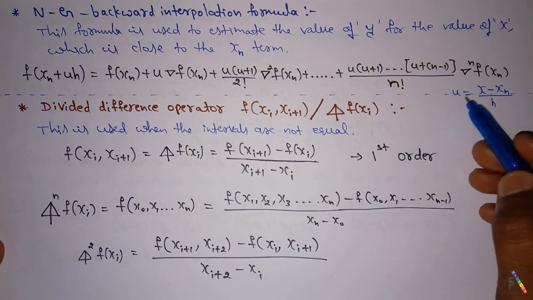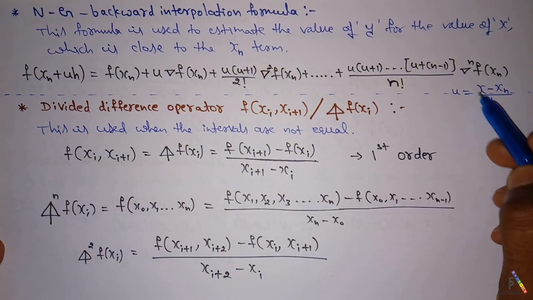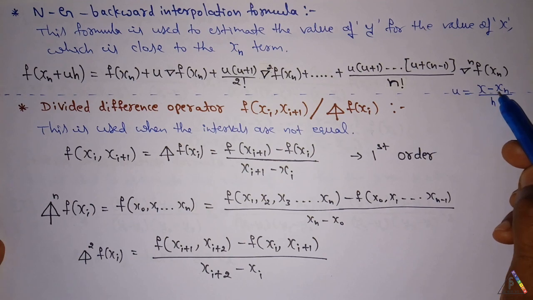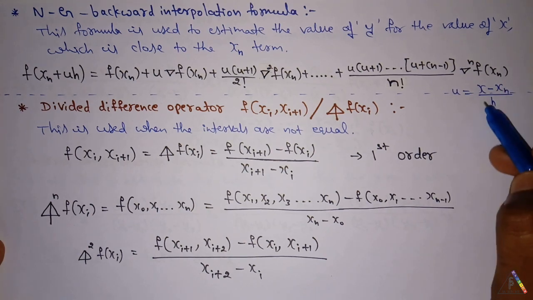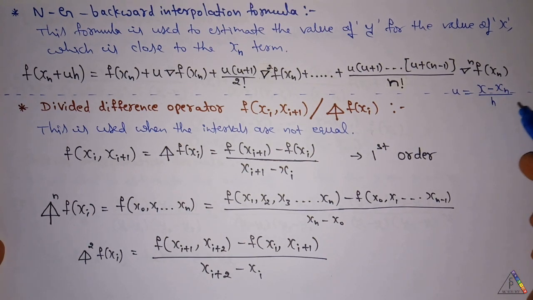For this, u is given by the value of x which is to be estimated minus the last term, divided by the width of the interval, that is h.